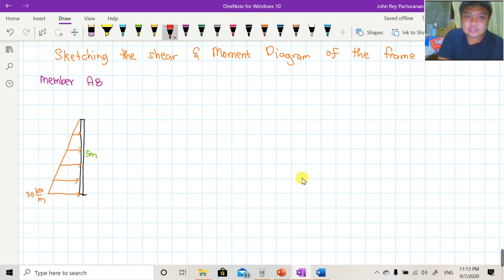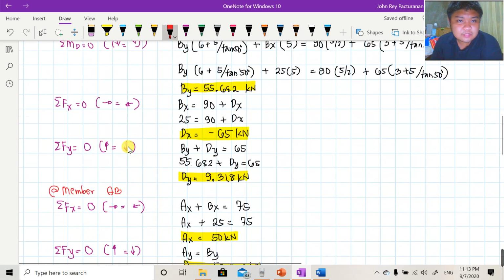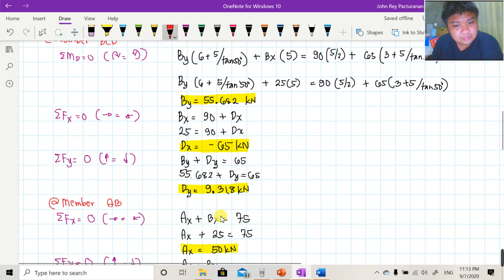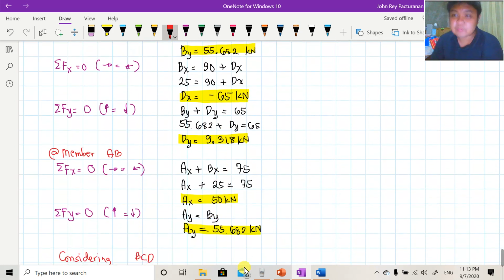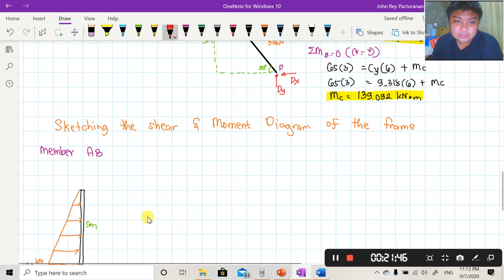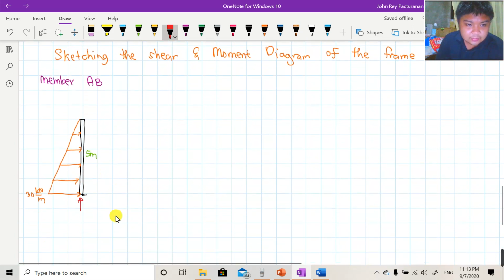And lagay ko na rin yung reactions. So, yung AY natin, base na compute natin, positive 55.682. Remember, kapag positive, class, tama nga yung assumptions ko. So, 55.682. Lagay natin. Tapos, yung horizontal dito, this is 50.